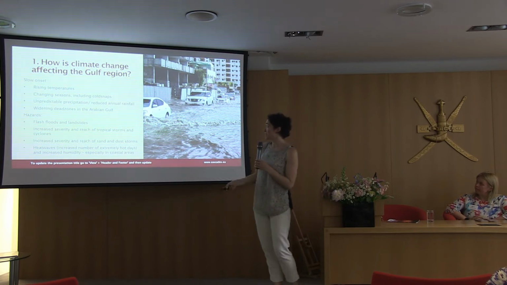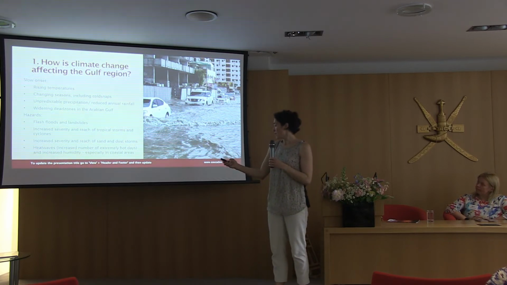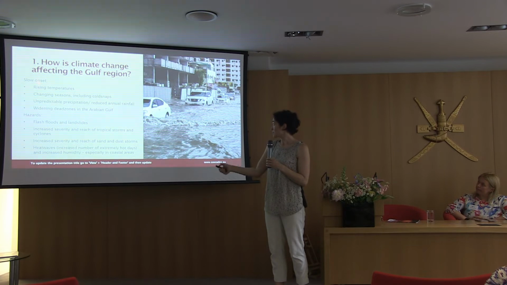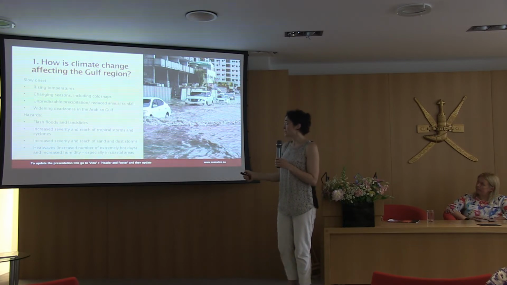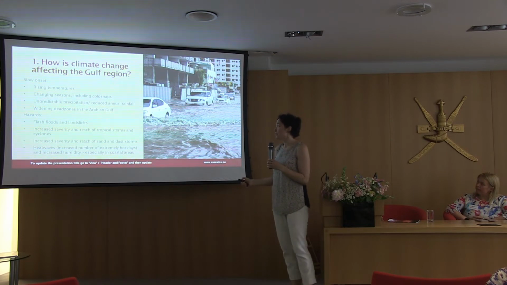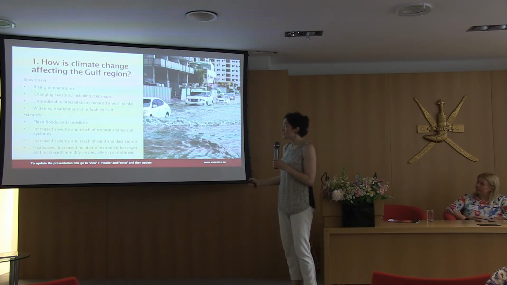Well, we can think about slow onset impacts like rising temperatures, changing seasons, unpredictable rainfall, overall reduced annual rainfall in some regions, and the widening dead zones and the threats to coral reefs, especially in the Arabian Gulf.